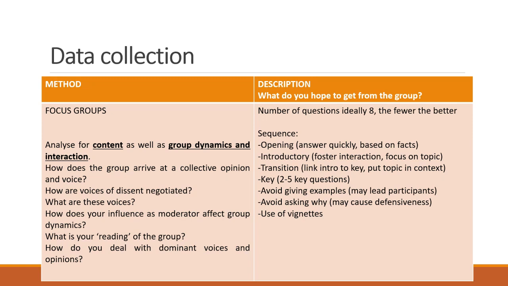And how are voices of dissent negotiated as well? So maybe the majority agree on something, but there's this one person who says, no, I don't think that's how things should be. Think about the jury system in the US, for example, where all the jury members have to agree on the guilty or not guilty verdict. There are 12 jurors, and 11 of them are saying yes, this person is guilty, but one says the person is not guilty.